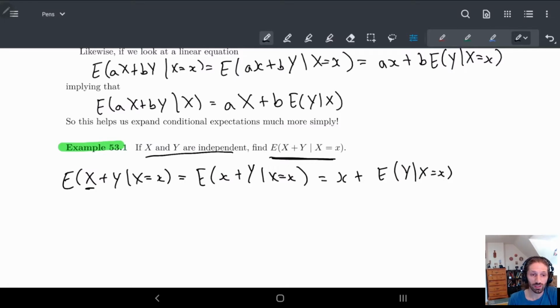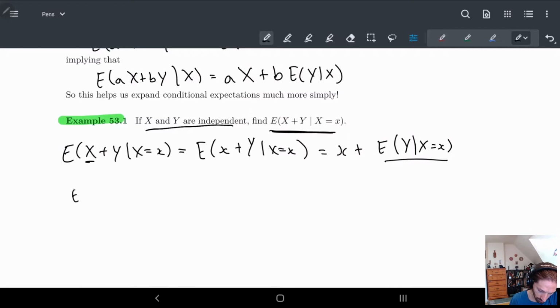Now all that's left is to calculate what this is equal to. What we know is that Y and X are independent. So no matter what X is equal to, Y is not dependent on X, so the expected value of Y shouldn't change based off X. And we'll actually see this, so let's try it.